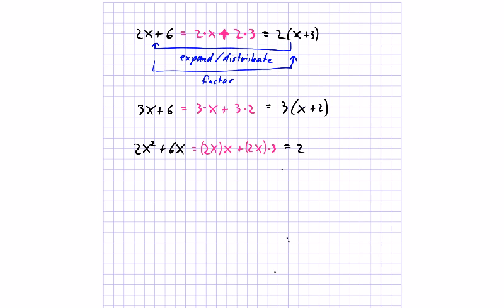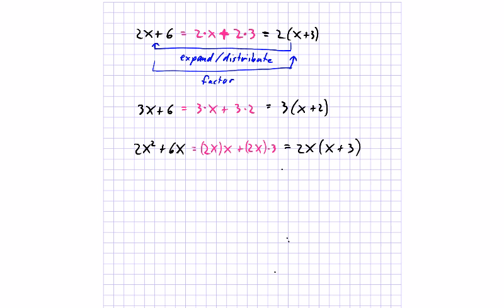So we could factor out a 2x, and then we could realize that we would have one more factor of x in the first term, and we would have a factor of 3 in the second term that hadn't factored out. So if we redistribute, we would get back to our original expression. So we know that we have correctly factored the expression.